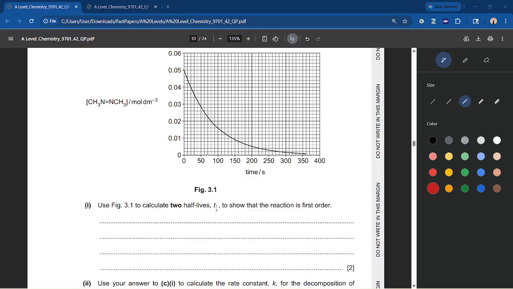All right, so let's take a look at this. We're going to look at where the concentration starts. It starts at 0.05, so let's first find the first half, which is 0.025. Let's zoom in.